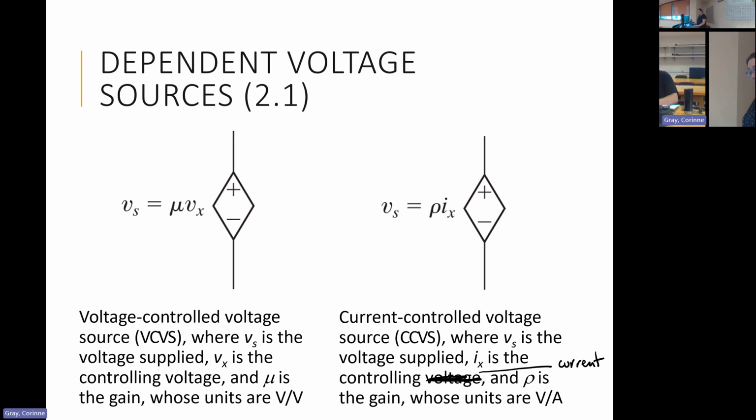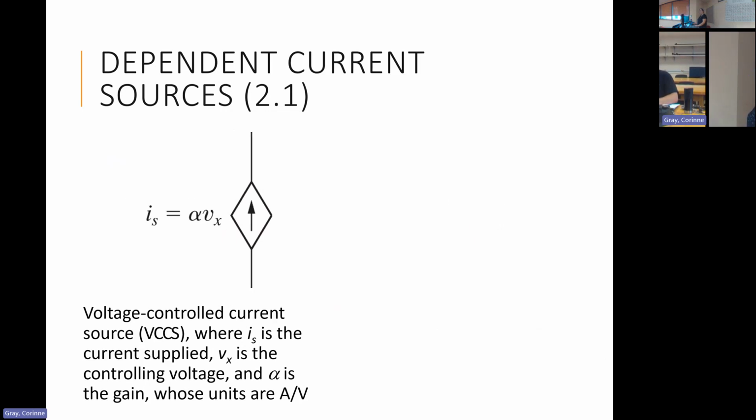It turns out dependent current sources have arrows in them instead. That's how we determine which type of dependent source it is. If it's voltage, it'll have the plus and minus. If it's current, it will have the arrow inside of it instead. Again, this arrow tells us the direction the current flows.